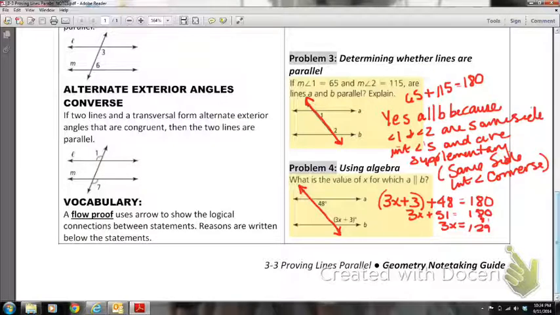And then divide both sides by 3, and x is 43. So the value of x for which A is parallel to B, x would have to be 43 in order for that to be true, in order for them to be parallel, and those to be same side interior angles that are supplementary.